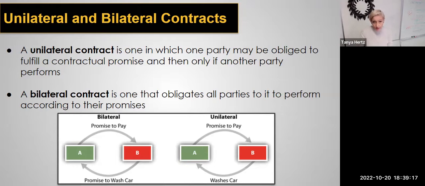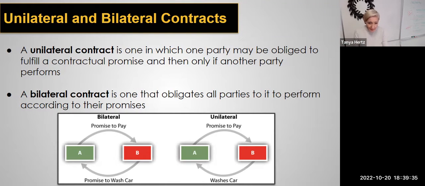So a unilateral contract is a contract in which one of the parties may be obligated to fulfill a contractual promise then and only if another party also performs. Now, a bilateral contract is one that obligates everyone to perform according to their promises.